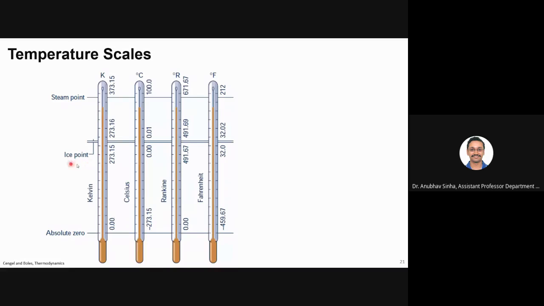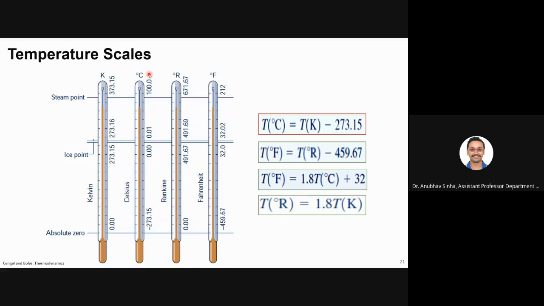Then we talk about the ice point, the point where water melts at atmospheric pressure. We also talk about the steam point, where water boils at 100 degrees Celsius. There are different equations to convert between scales. Mostly we'll be concerned with Celsius or Kelvin. These are the standard SI units for temperature measurement. Right?